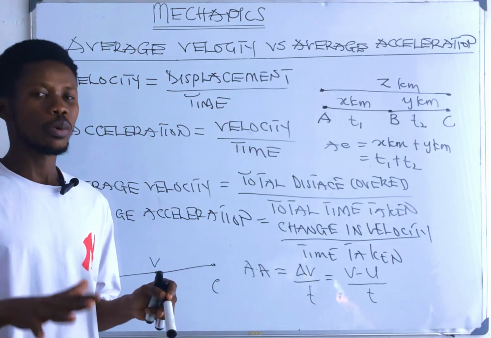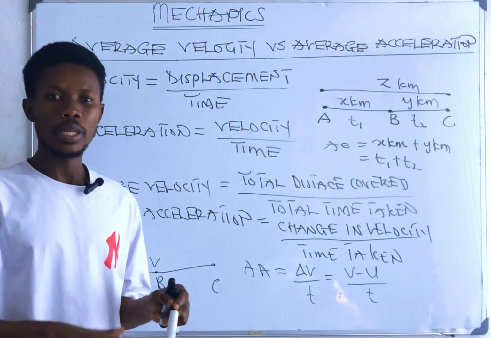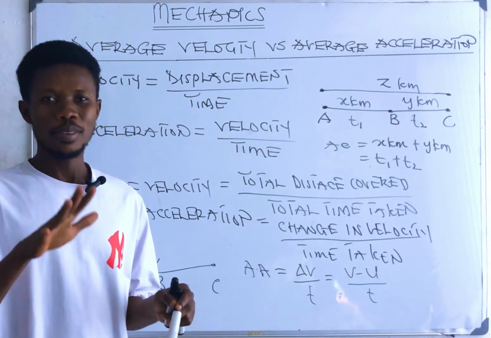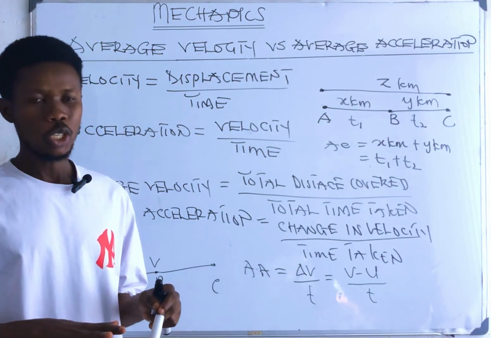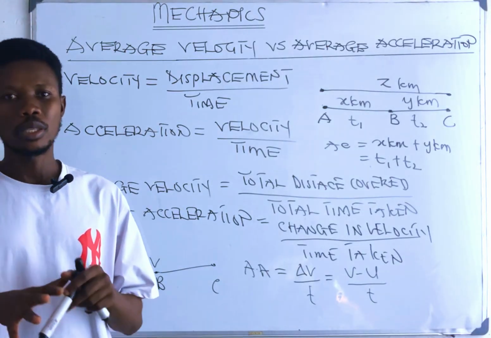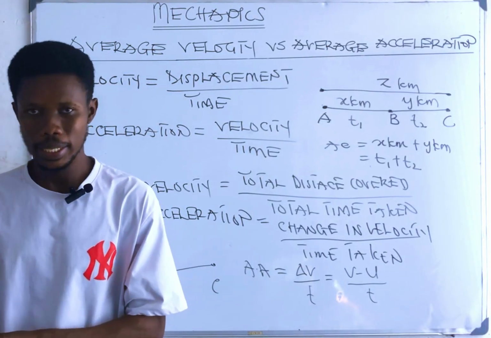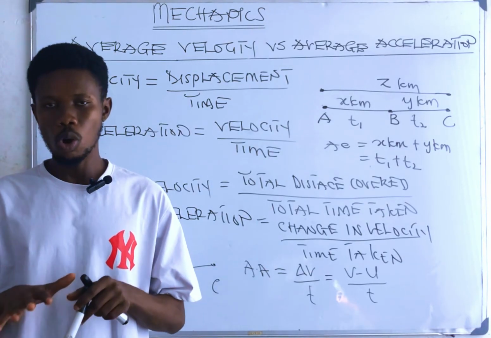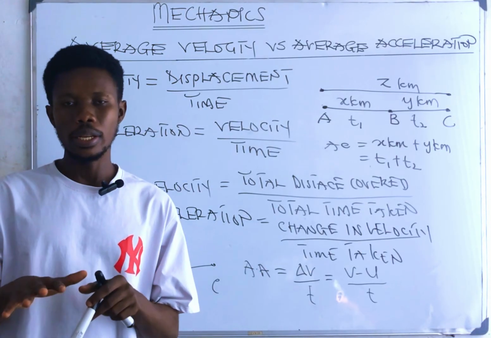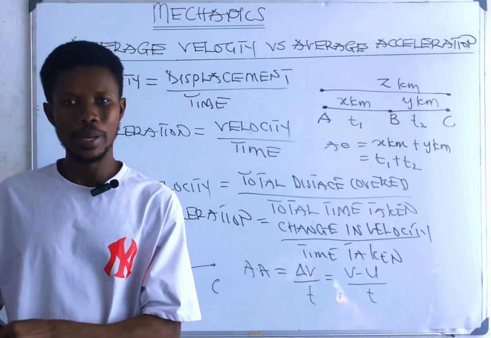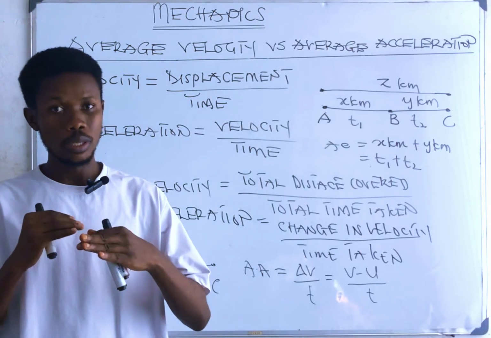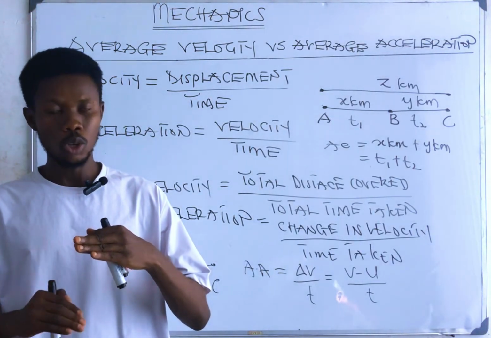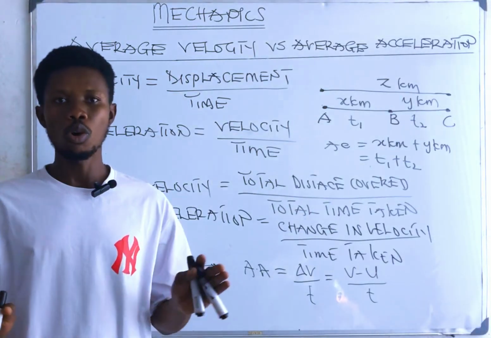So when the car is retarding, it's slowing down instead. Let's say the car is moving at a speed of 20 kilometers per hour. Then the car started to decelerate or retard, let's say, by 10 kilometers per hour. It means that the car is slowing down gradually, not stopping or moving in the opposite direction.